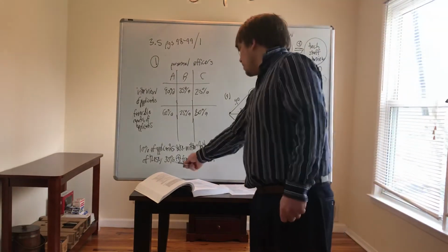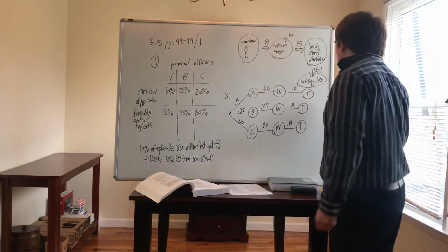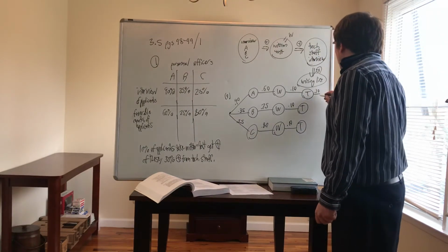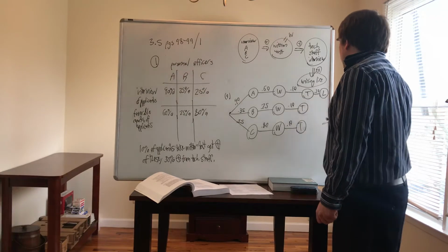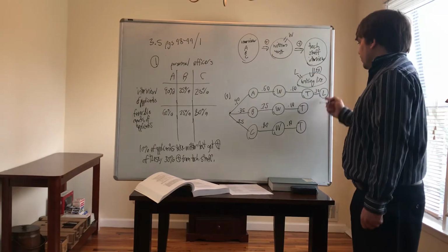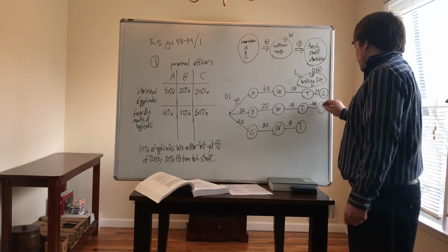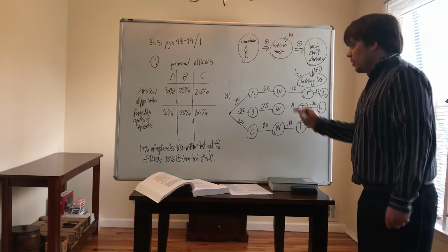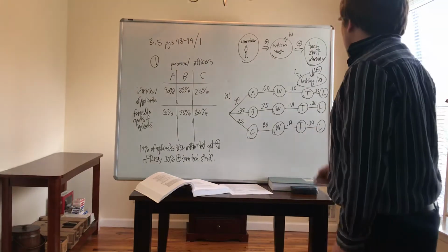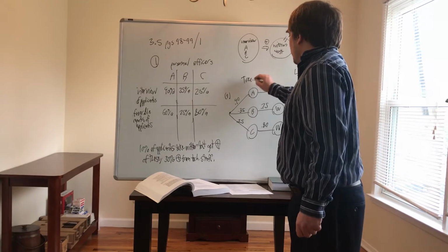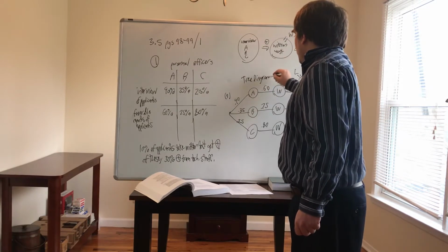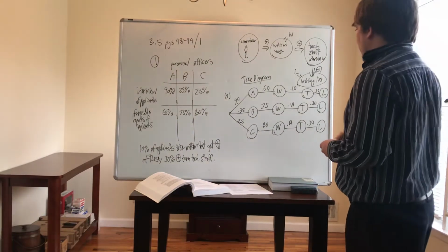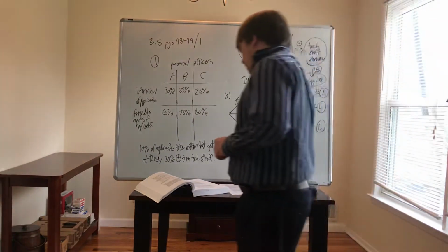And then 30% get a plus from the tech staff, and so that means there's a 0.30 chance that you then go to the waiting list, and I'm going to call the waiting list L. So there's a 0.30 chance you get a positive from the tech staff here, and you go to the waiting list there. So this is the tree diagram for this problem. You can use this to find the probabilities of different events. So that's part A.